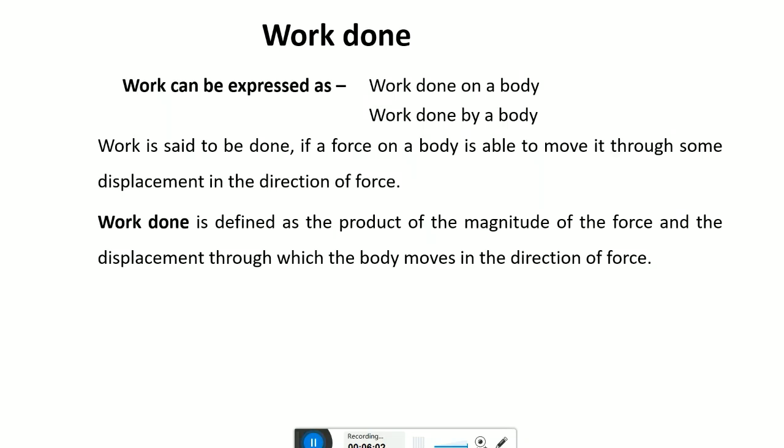It is the product of the magnitude of the force and the displacement through which the body moves in the direction of force. Or work done is equal to force into displacement. Mathematically, if dW is the work done, F is the applied force and ds is the displacement in the direction of force, then we can write dW is equal to F ds.